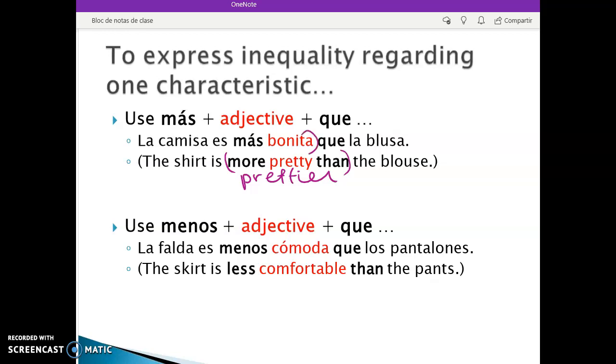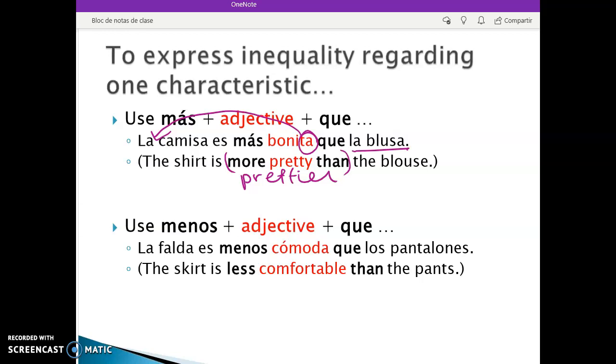Bonita is going to agree with the first item that you're describing. It doesn't matter what this second item is. If the second item was pants, los pantalones, it's still going to be bonita because it needs to agree with la camisa. All right, to say something isn't quite as pretty as, or as comfortable as, or as small as, whatever, you use menos.